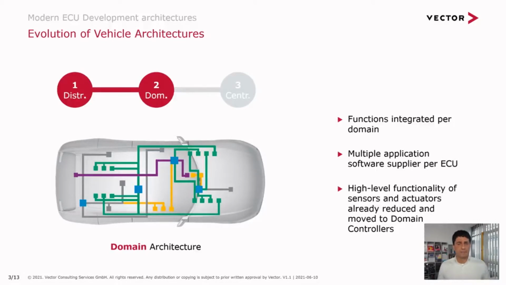Nevertheless, nowadays we have more and more merging of those domains. Furthermore, we have an increase in complex functionalities, which again make use of many different domains. So imagine, for example, autonomous driving functionality.